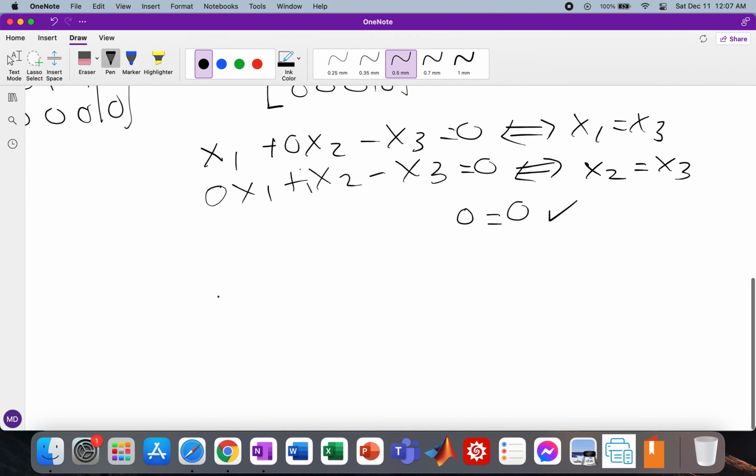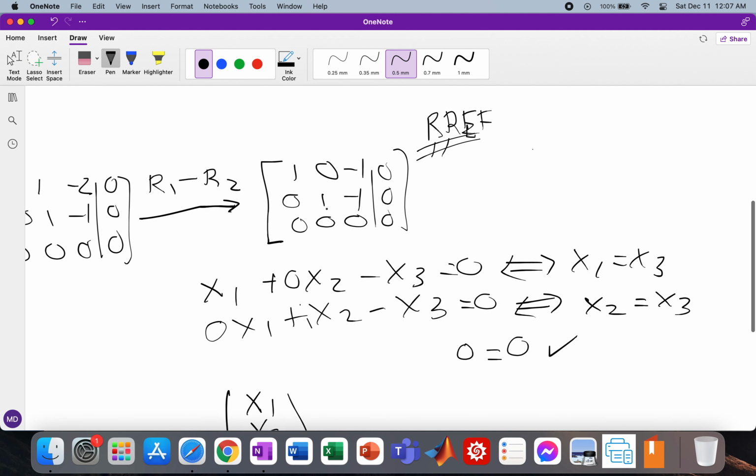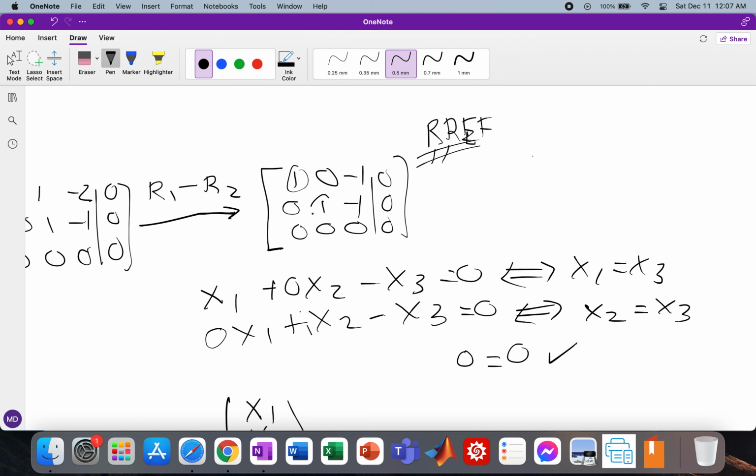But now, okay, so we have these conditions here, but how do we get our general solution? Remember, we want x1, x2, x3, right? As you'll see here, x1 and x2 both have leading ones.